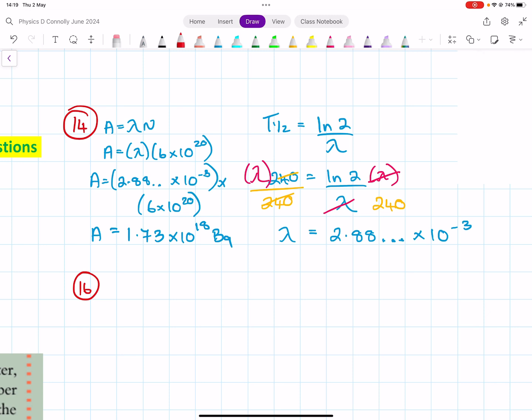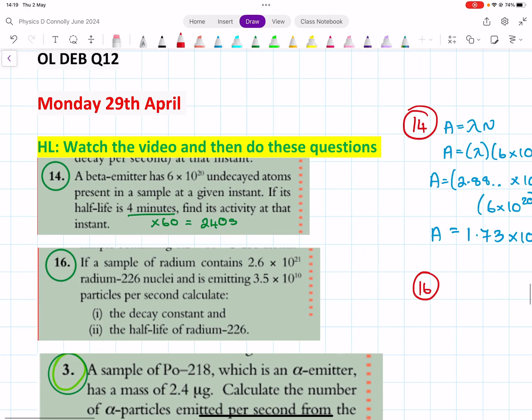Number 16. If a sample of radium contains 2.6 by 10 to the 21 radium-226 nuclei, and it's emitting 3.5 by 10 to the 10 particles per second, calculate the decay constant.